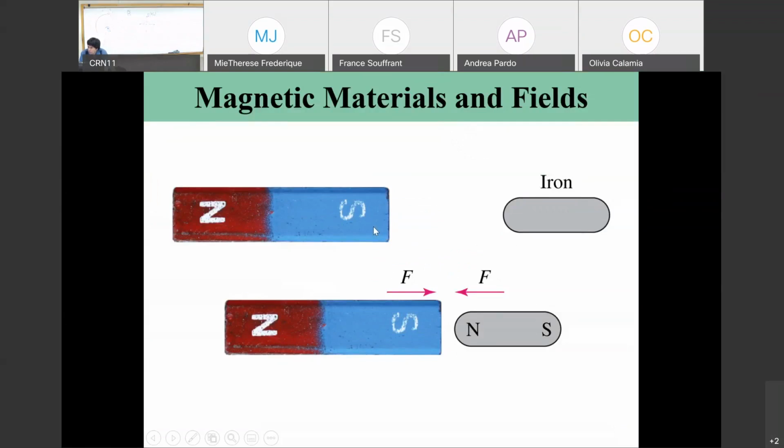Interesting enough, when you guys have a magnet like that, a ferromagnetic material like iron gets attracted to the magnet. That's because automatically it's sort of like poles in the iron are induced.